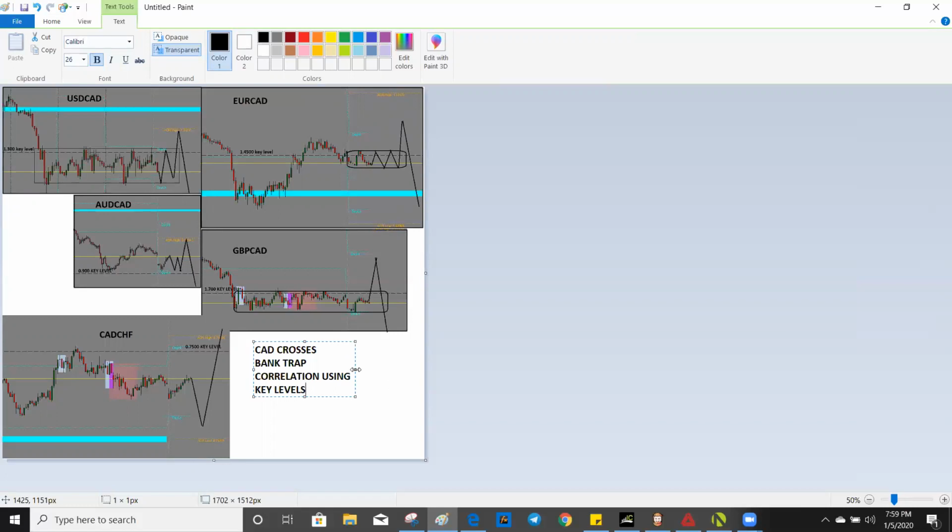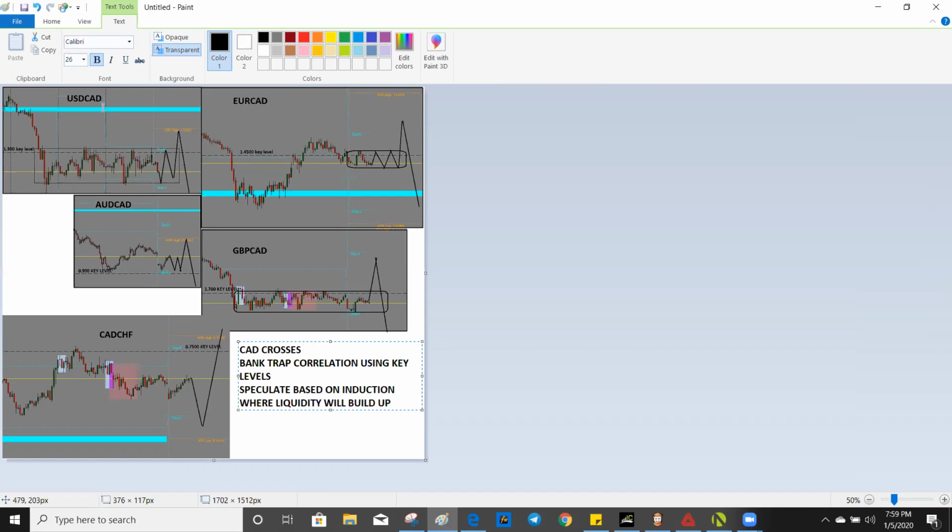And so I speculate, based on induction, where liquidity will build up.